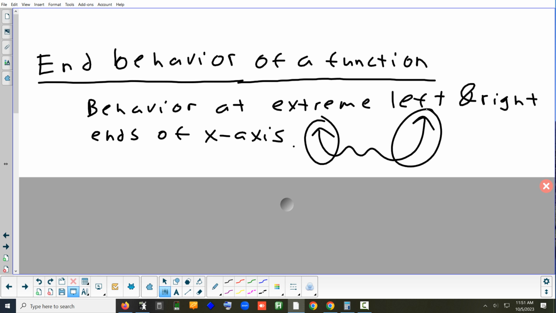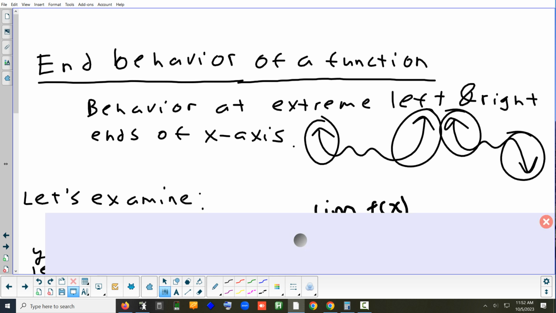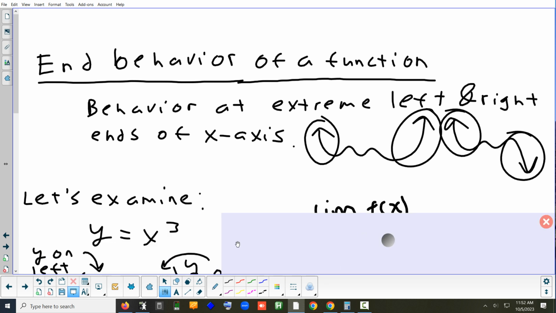That's what we mean when we describe the end behavior. Compared to something like this, that's up on the left, down on the right. So when we talk about the end behavior, we're really describing what's happening on the left side of it and on the right side of it.